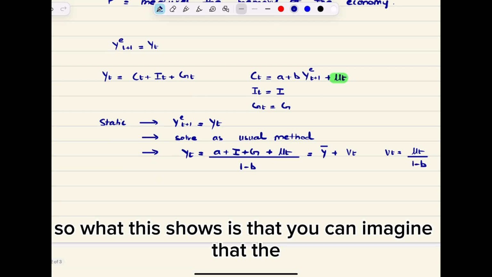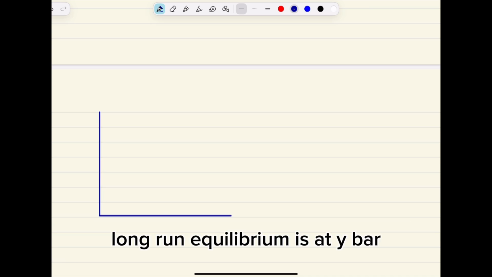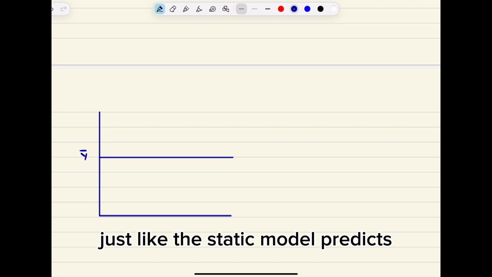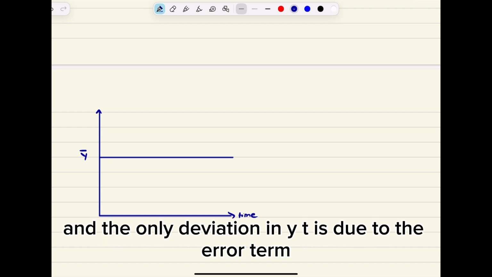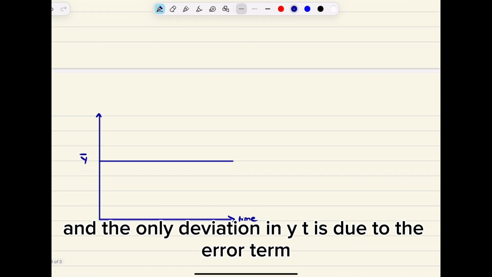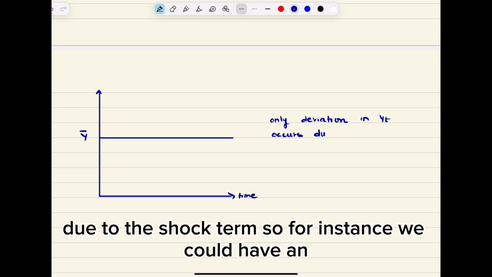So what this shows is that you can imagine the long run equilibrium is at y bar, just like the static model predicts, and the only deviation in yt occurs due to the shock term.